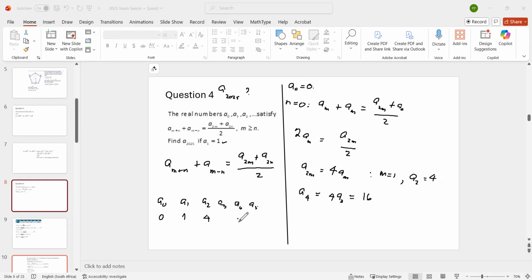A kind of pattern emerges here, because a_0 is 0, a_1 is 1, a_2 is 2 squared, a_4 is 4 squared. Let's try to calculate a_3 and see whether it is 3 squared.